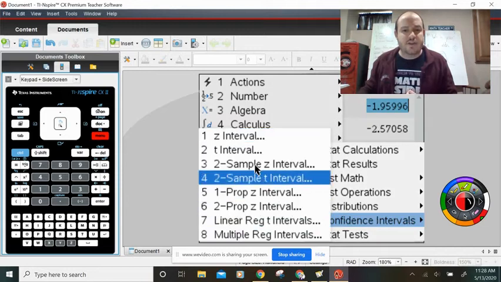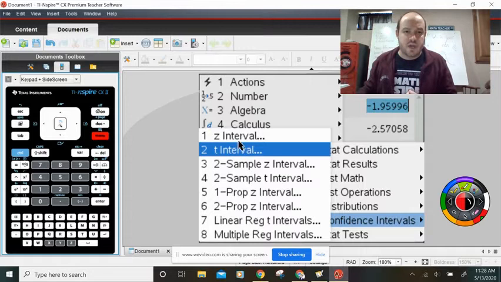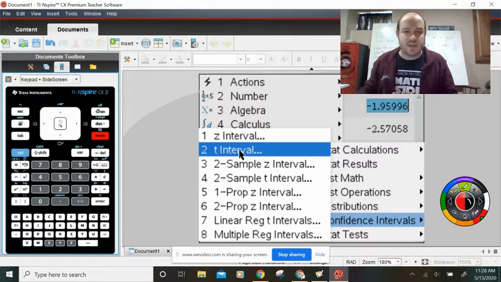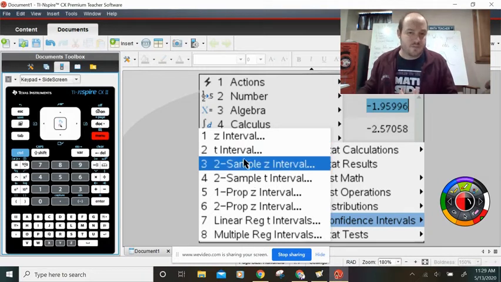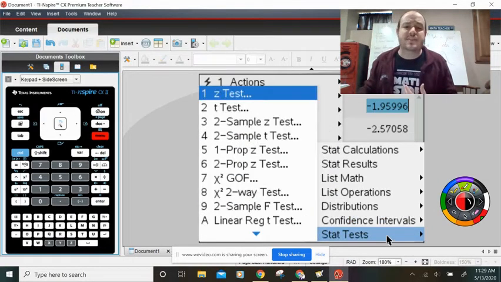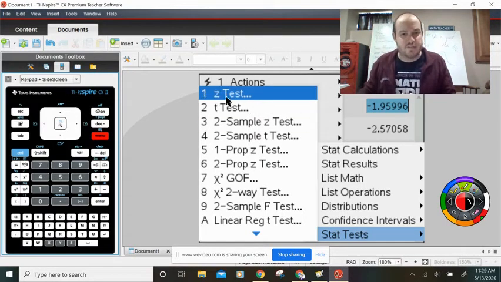And notice there is actually the same thing as our Z interval now for the T interval. So when before we did Z interval for our confidence interval, now we can do T. Where we did the two sample Z, now we can do two sample T. So this is going to be very similar to what we've already covered in previous videos. The only difference is we need to identify that we'll be using the T distribution instead of the Z.